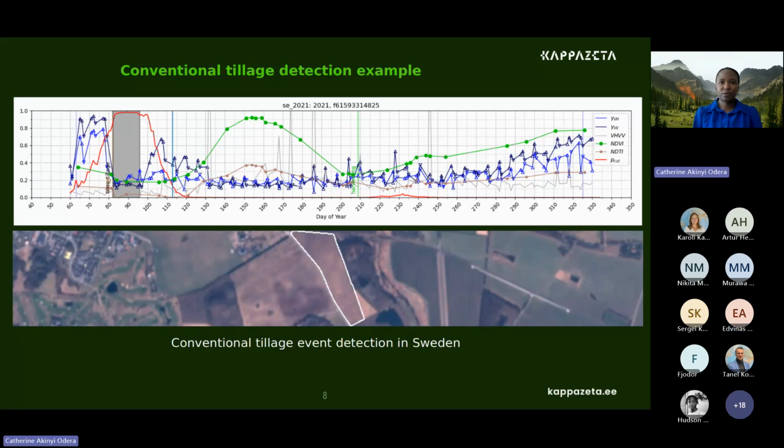No, actually that was not done. But whenever we receive data from farmers and the paying agencies, we check the events against the time series. For example, maybe the farmer reported that the conventional tillage event took place at a certain point.